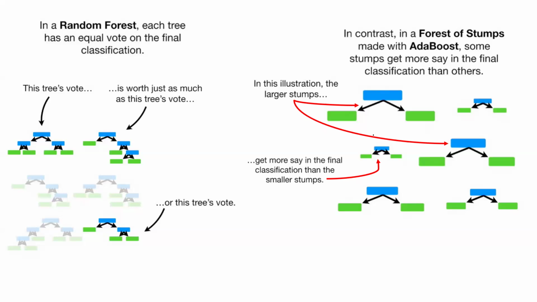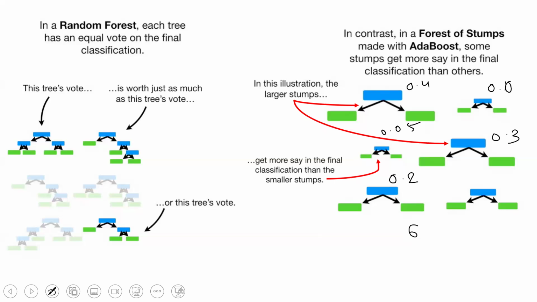Let's suppose to predict the output of a particular data we constructed 6 stumps. Among the 6 stumps, all of them will not get the same weightage. This stump might have got a weightage of 0.4. This got 0.1. This got 0.05. This got somewhere around 0.3. This got somewhere around 0.2 or 0.9, somewhere around there.